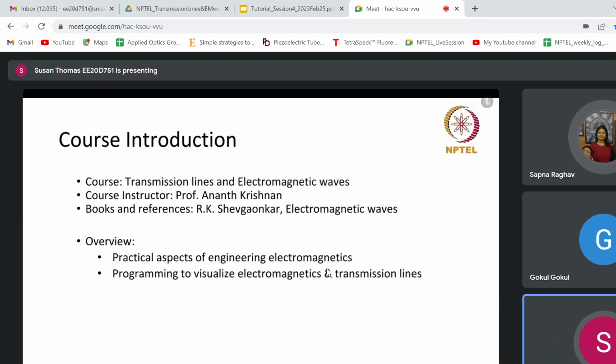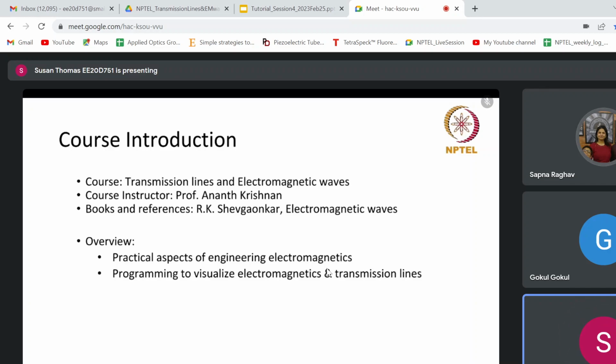I will tell you the reason you find it difficult. As per the course instructor, there are no prerequisites for this course. First thing is you need to know only the basics of electromagnetics, which is known to any physics student, any student who had done plus two physics.